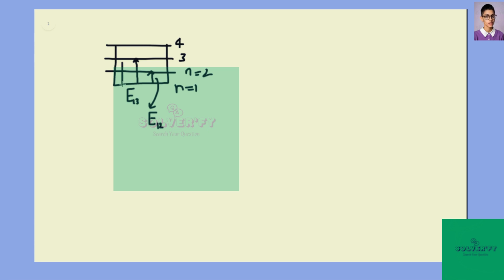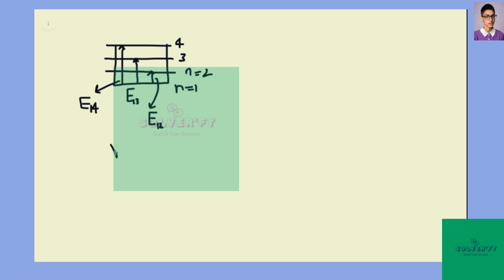And similarly, this transition where the electron jumps from the first level to the fourth level is E14. So as is evident, the least amount of energy required is to jump from 1 to 2, and subsequently the energy keeps increasing as you go from n equal to 1 level to higher levels.